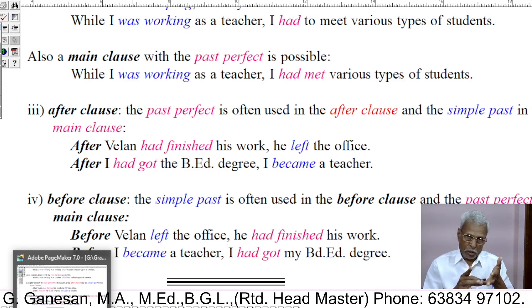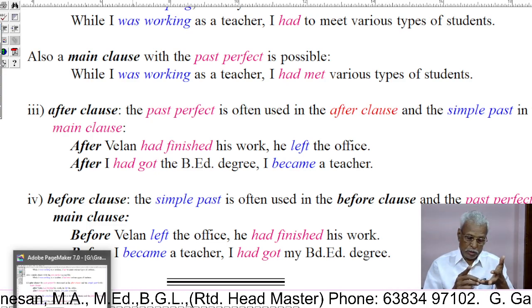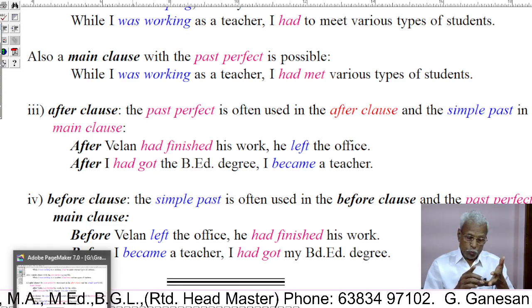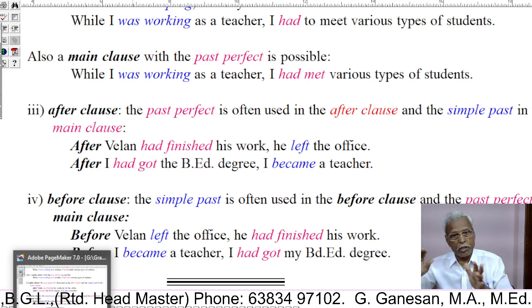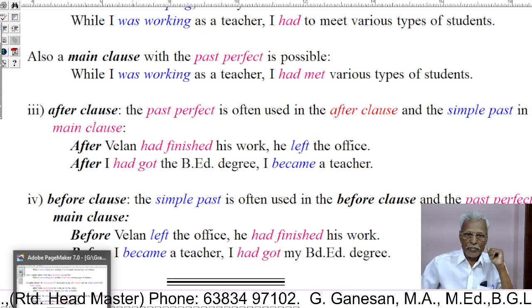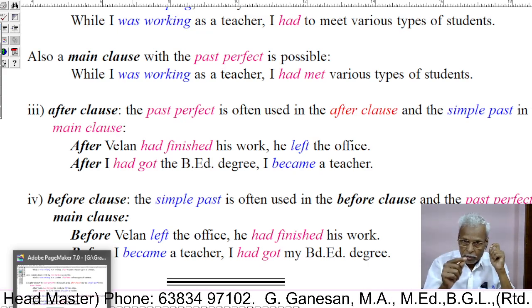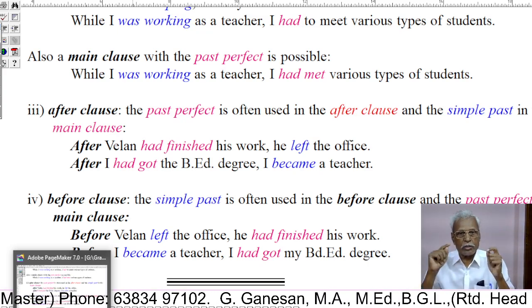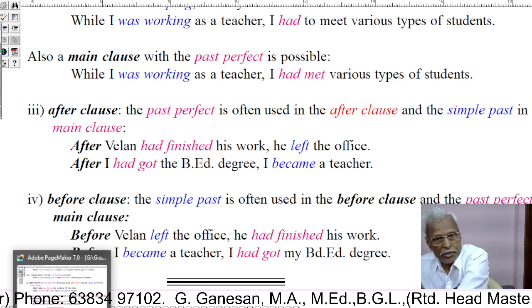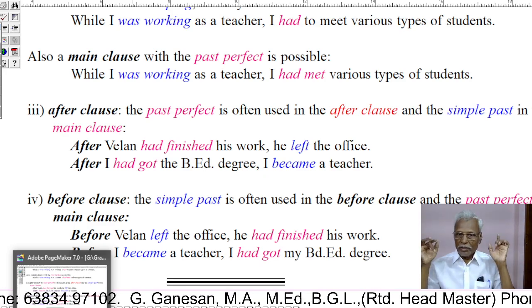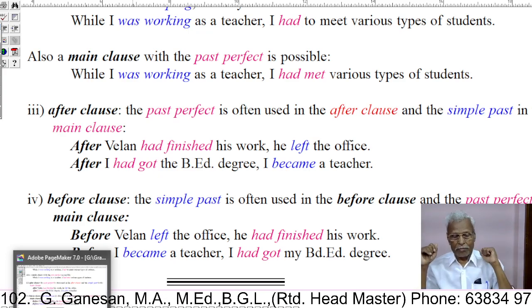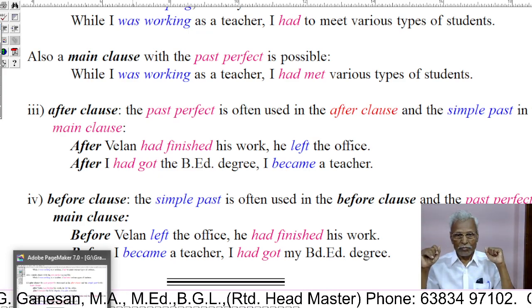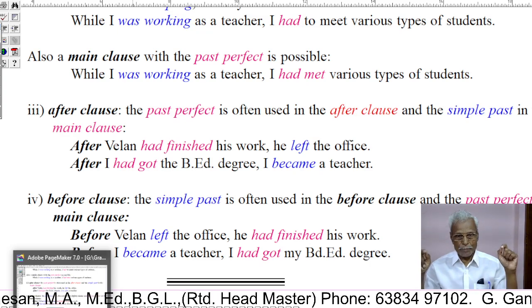So now you say, when Valen left office, he had finished his work. Before Valen left the office, he had finished his work. If we want to use the after clause here, the reverse should be the case.